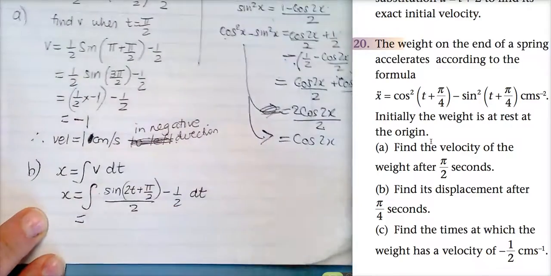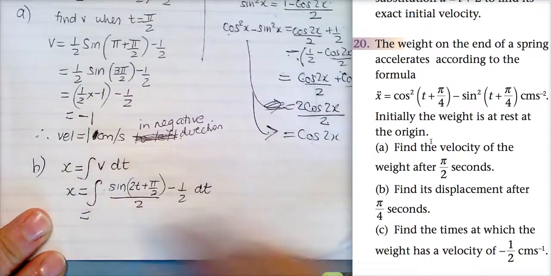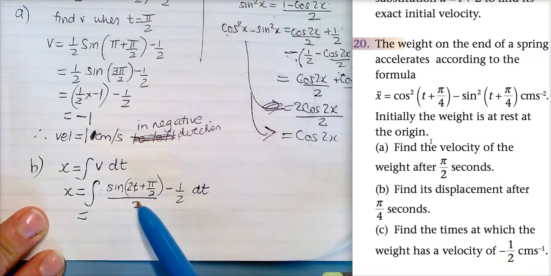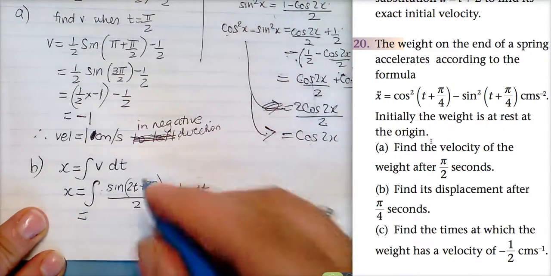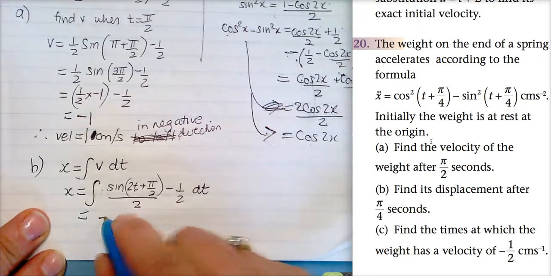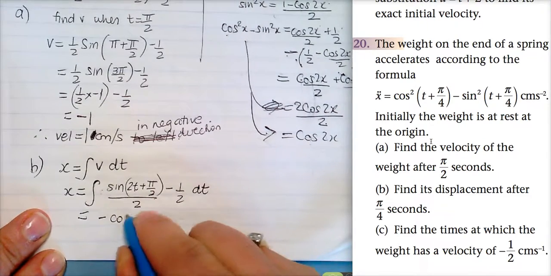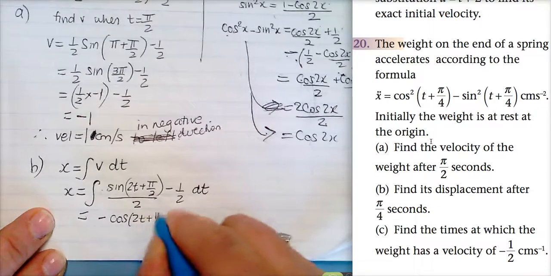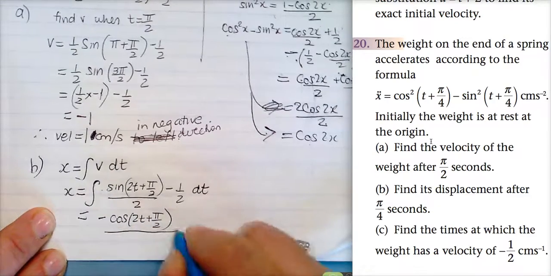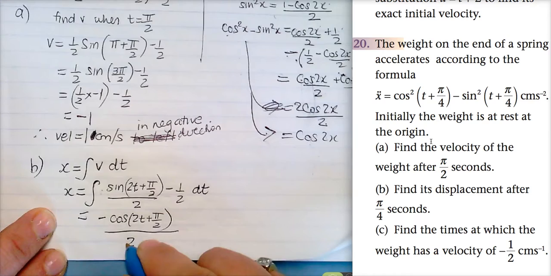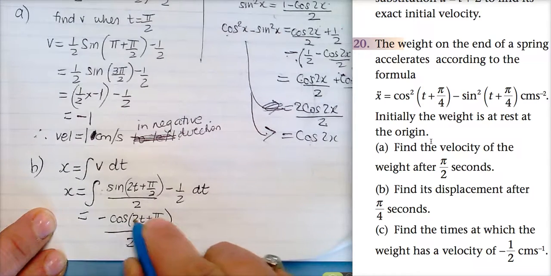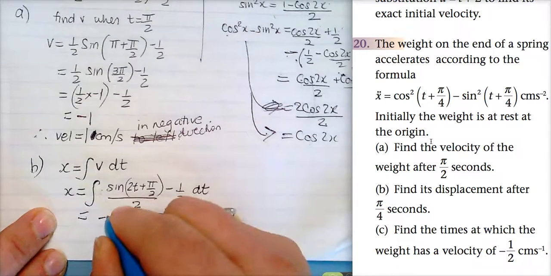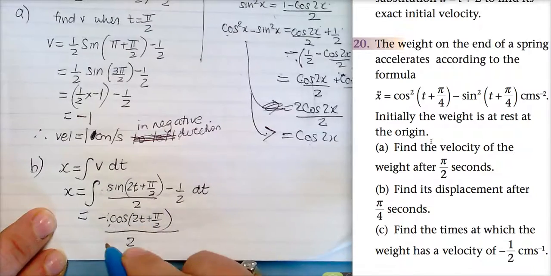Have fun. Jeez. What do you get? Integrate sine. What do you get? Negative cos. That's right. So you get negative cos 2t plus pi on 2 divided by, there's that 2, but times, you've got to put a half. Now, you know where that half goes?